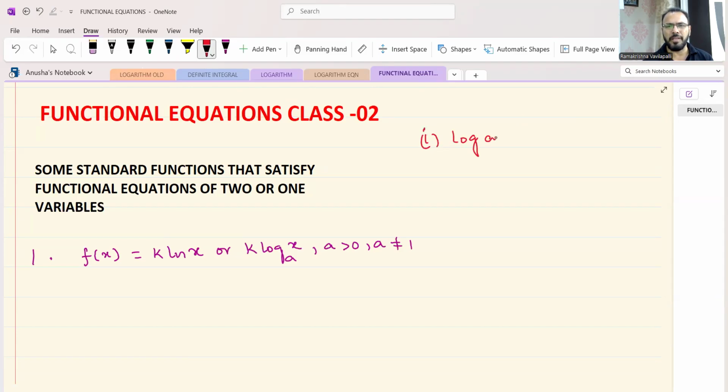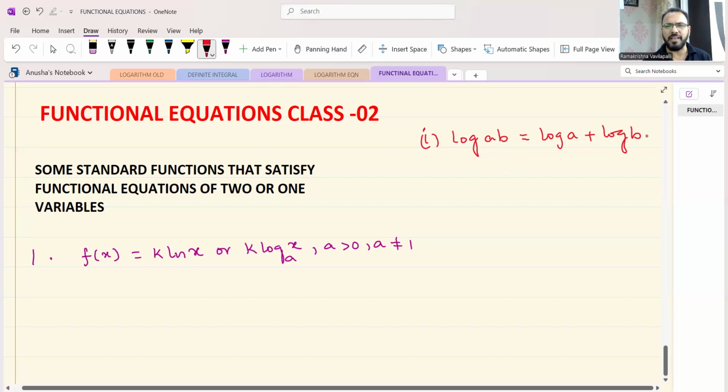The logarithm of a product of numbers equals log A plus log B. So the operation logarithm converts product to sum. We give the input product and we get out the sum of outputs, of course where A and B are positive.